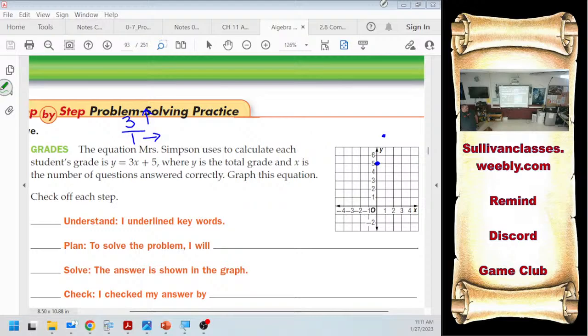So what I'm going to do is reverse the flow. If this is right and up, I'm going to go left and down. And that's going to get me more points. Left 1, down 3. Left 1, down 3.